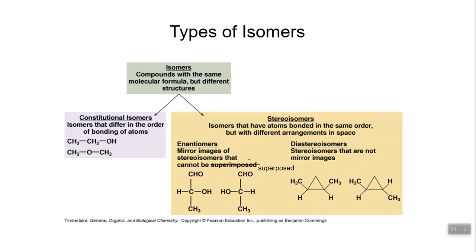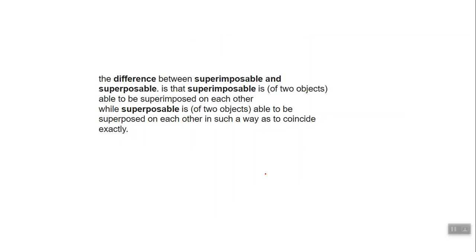And so let's just look at what those words mean. I have superimposed crossed out on this. Those two words are commonly used interchangeably, but they actually mean different things, superimposed and superposed. Superimposable means that you just kind of lay two objects on top of each other.